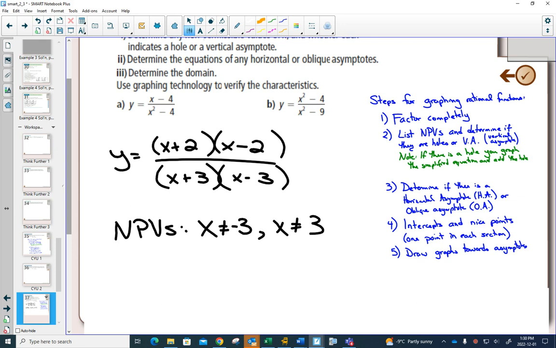But -3 and 3 would make you divide by 0. Those non-permissible values will either turn into holes or vertical asymptotes. Since they don't cancel out, they will both be vertical asymptotes.